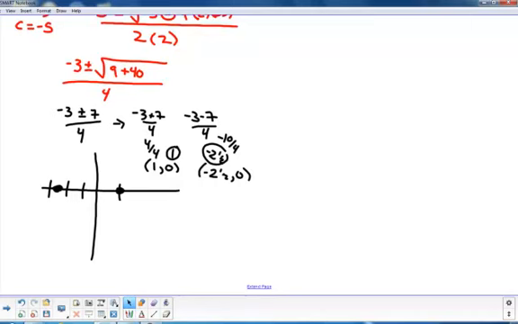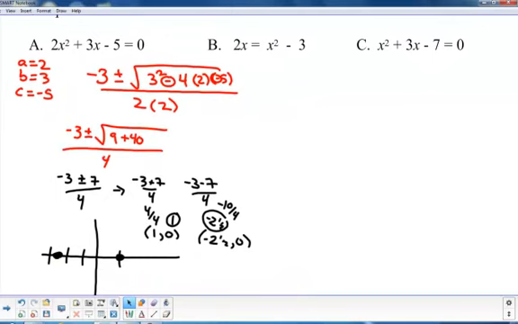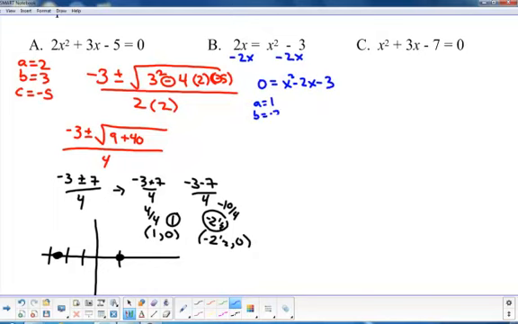So let's do another. Going back up. I'm going to set this equal to 0 first. So we'll go ahead and subtract 2x. So 0 equals x squared minus 2x minus 3. Therefore, a is 1, b is negative 2, and c is negative 3.